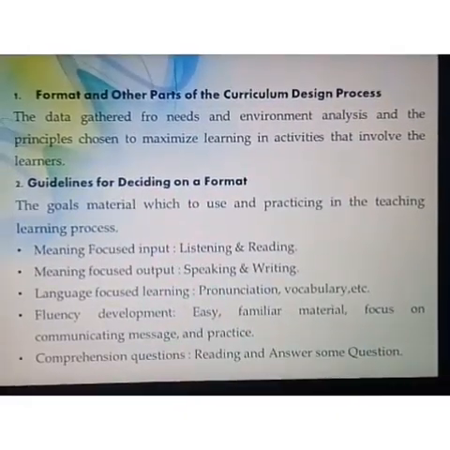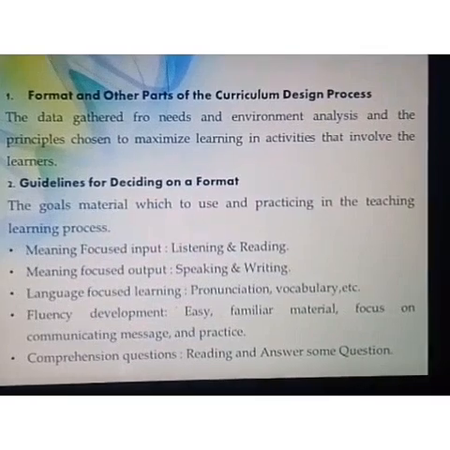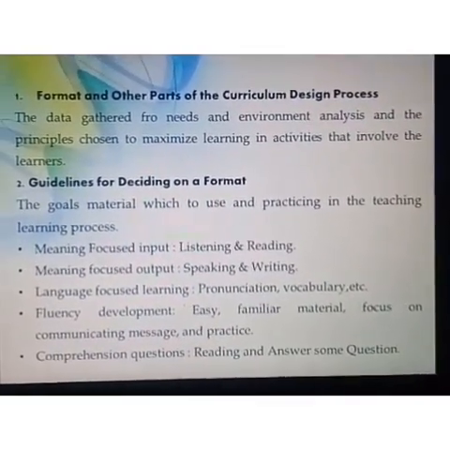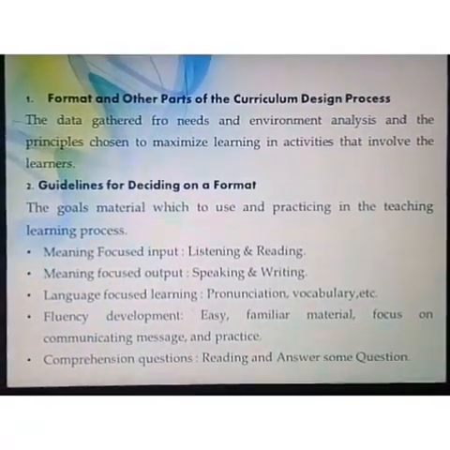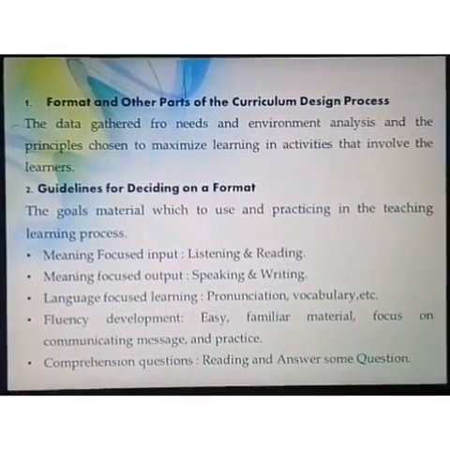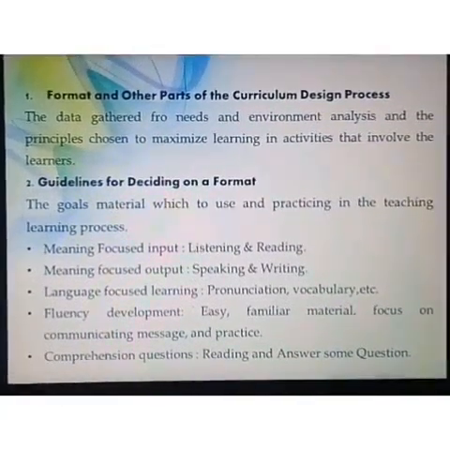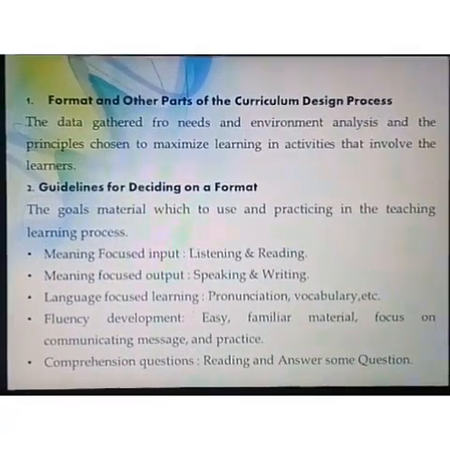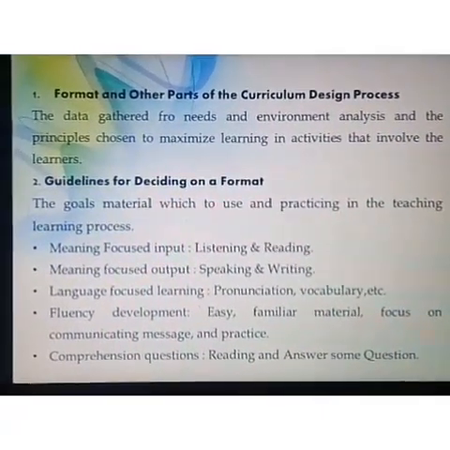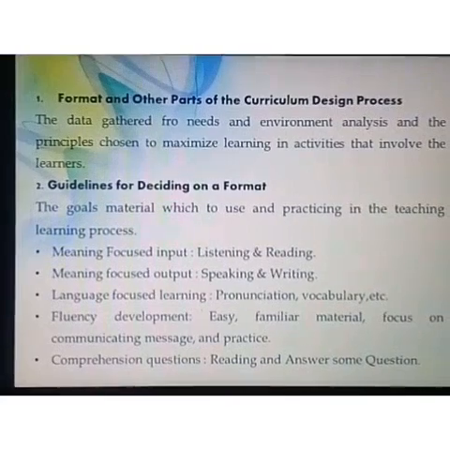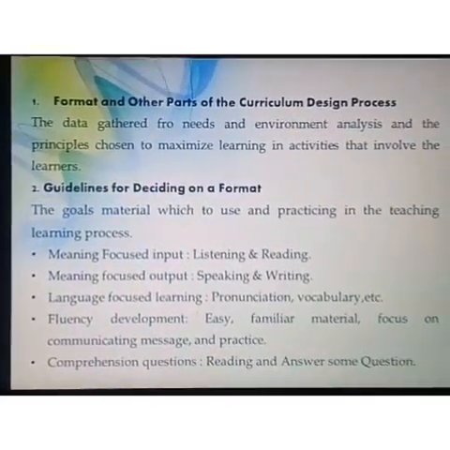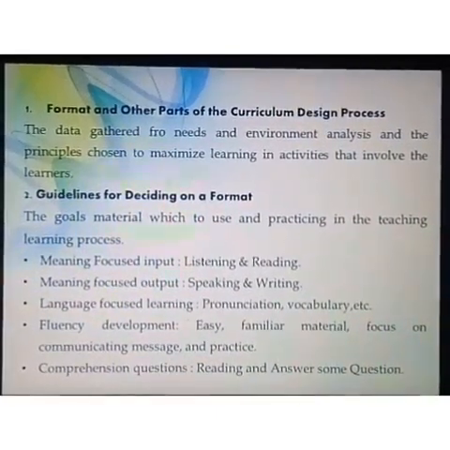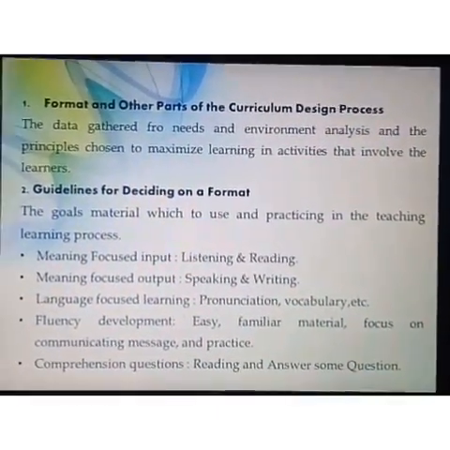The second part is about guidelines for deciding on a format: the goals, material, what to use and practice in the teaching learning process. The results of the guidelines for deciding on a format are 5. The first, meaning focus input, for example listening and reading, and then meaning focus output, for example speaking and writing, and then language focus learning, for example pronunciation, vocabulary, and so on.